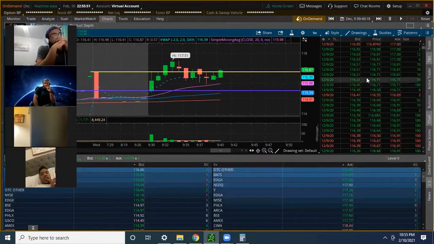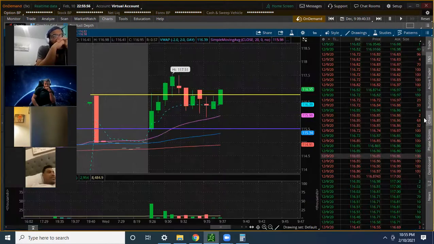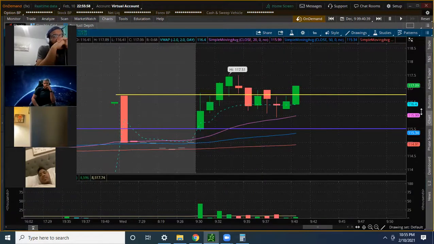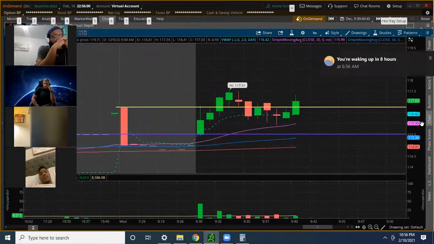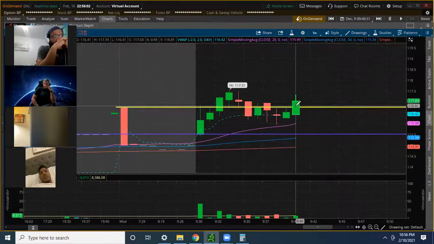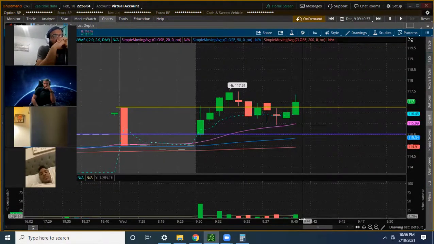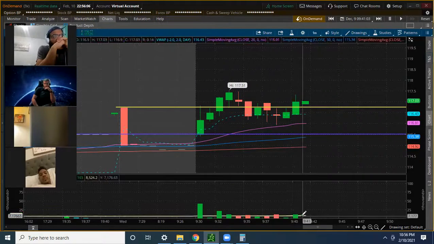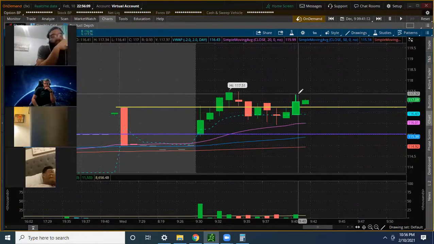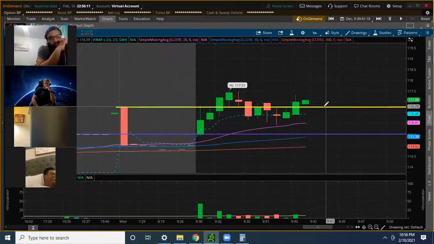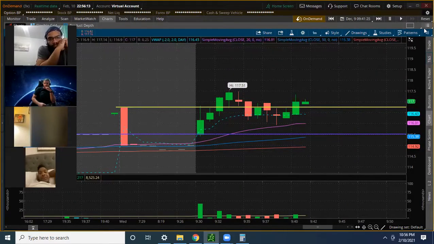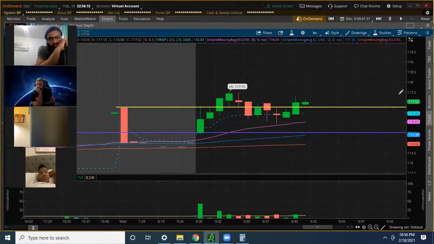So again, paying attention to time and sales and level 2, and watching price action. So now you get to see a big increase in volume. It broke out, pre-market high. And we're just watching.